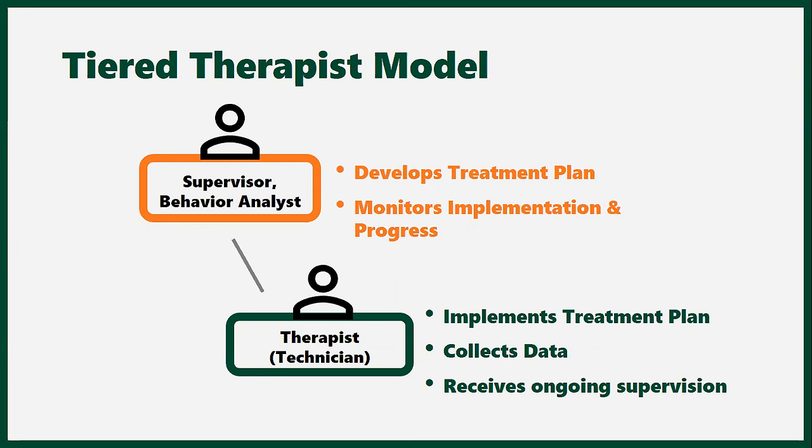But then that's not necessarily the person who delivers the treatment. Particularly for kids who are getting really intensive treatments like 20, 30, 40 hours a week of therapy, the person who's actually implementing and delivering the therapy is usually a technician who is working underneath a supervisor.